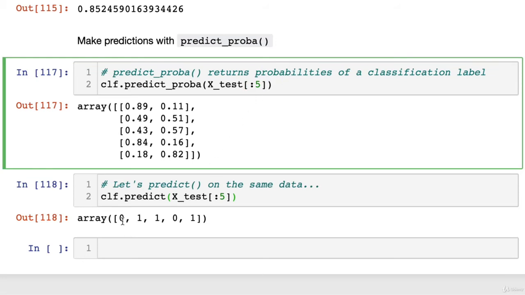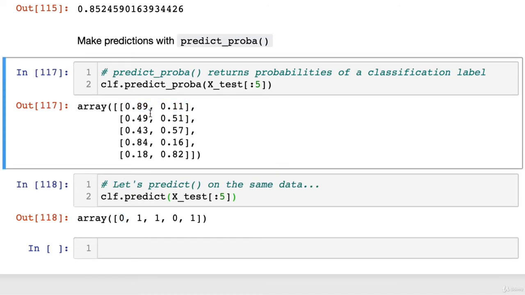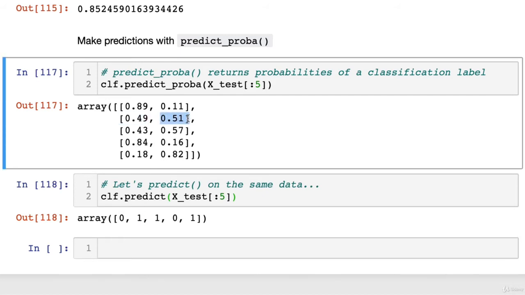So if we look at this, let's line up sample 1, or sample 0, with this first array. We can see that the number on the left, aka 0.89, is far greater than 0.11. Now let's see if there's a trend here. We go to index 1. The value on the right is bigger.